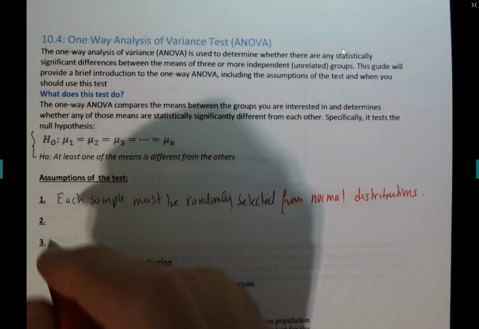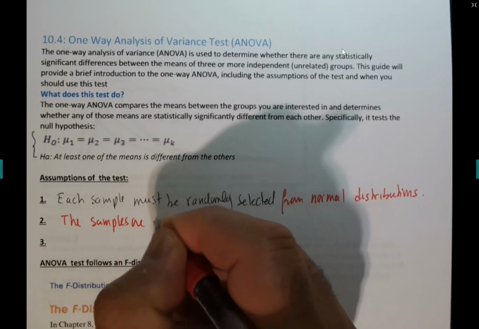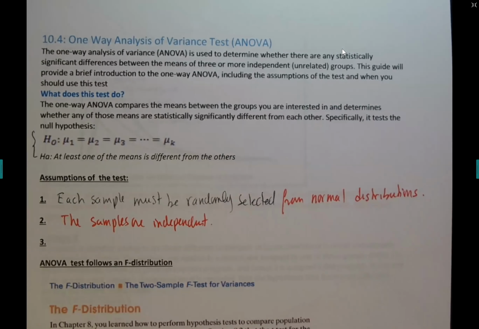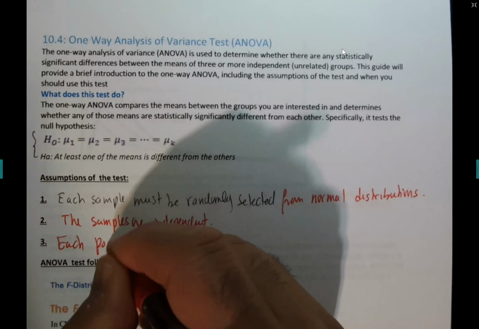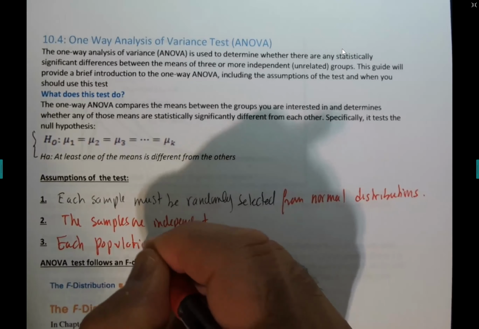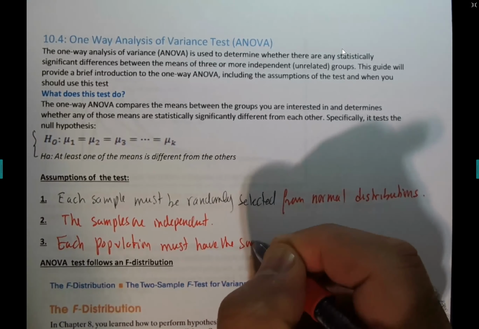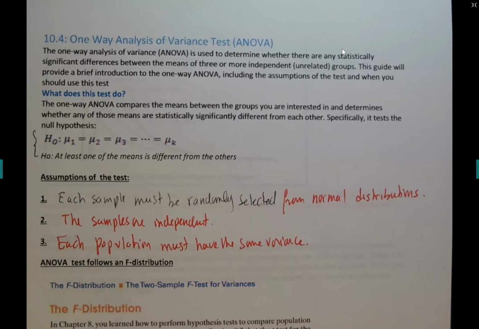Condition number 2, the samples are independent. When you go to 2 different Walgreens locations, you're getting 2 independent samples from 2 different places, guys. And each population must have the same variance. These are the conditions of the test.